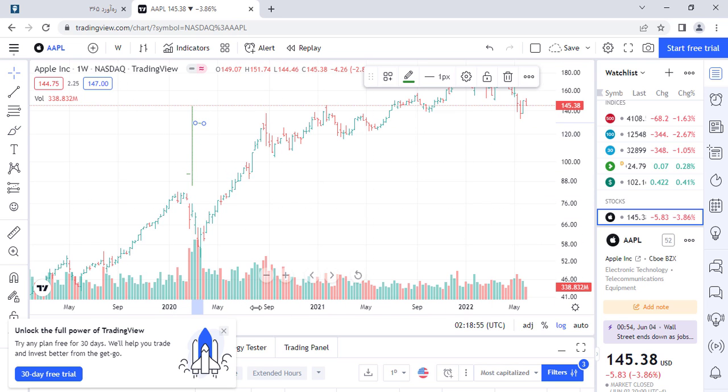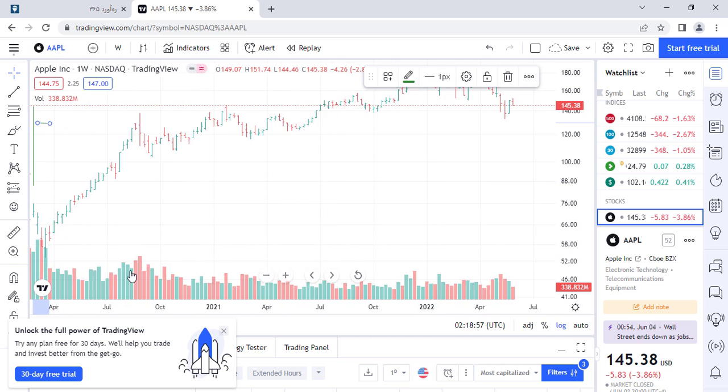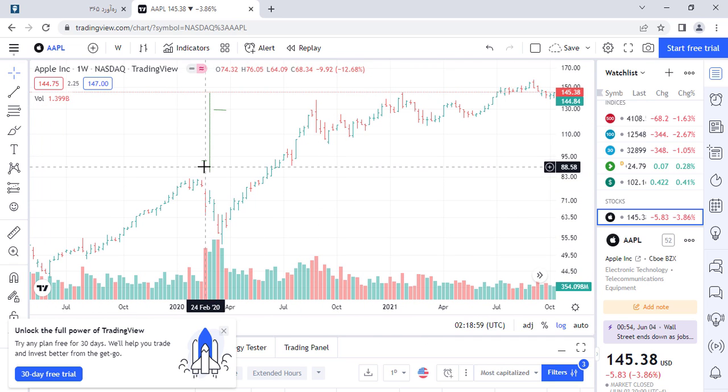Here and here. This left bar shows us the open price, and this right bar shows us the close price.